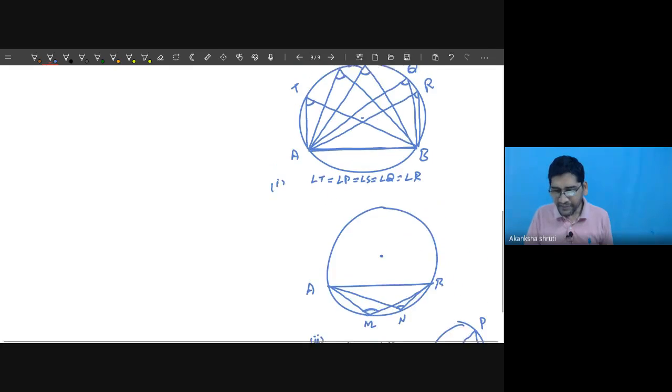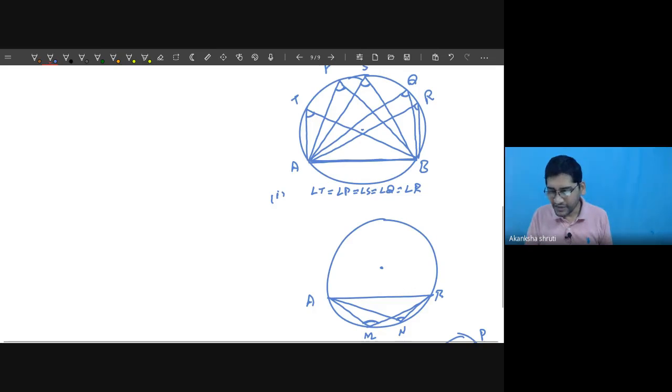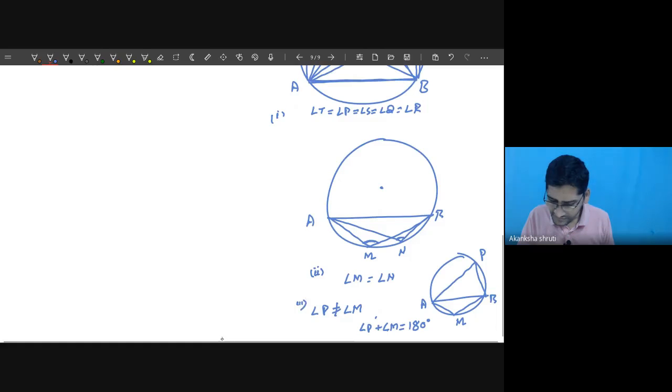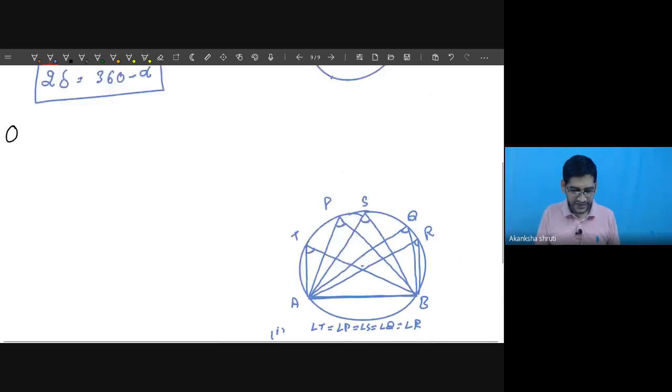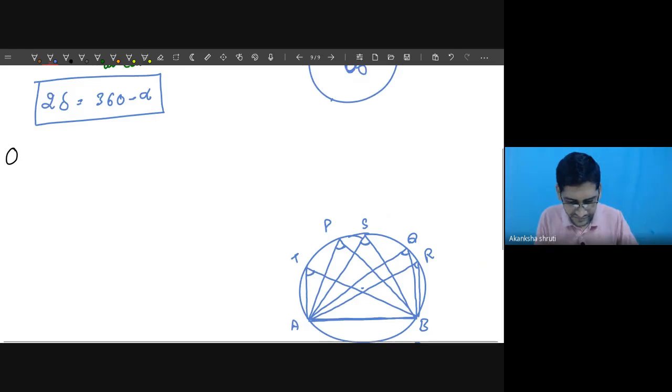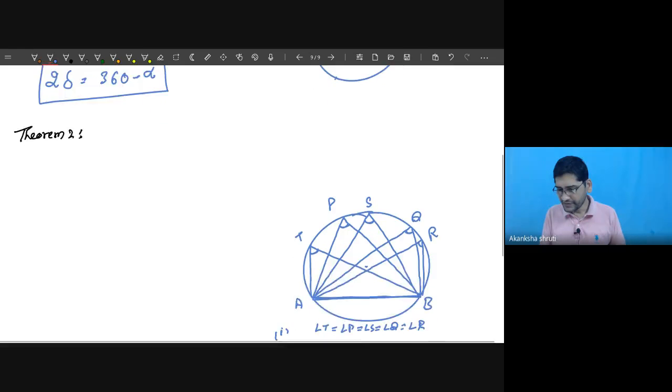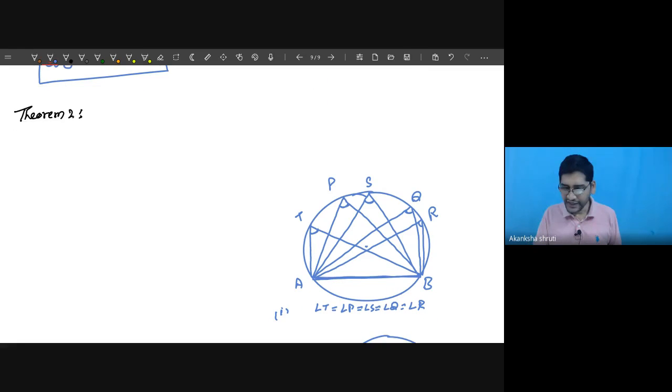That angles made on the same side of the chord on the boundary are always equal among themselves. So that is the next theorem. Write down theorem number 2. Be careful: we are considering the chord AB and the angle we are making on the boundary on the same side of the chord.